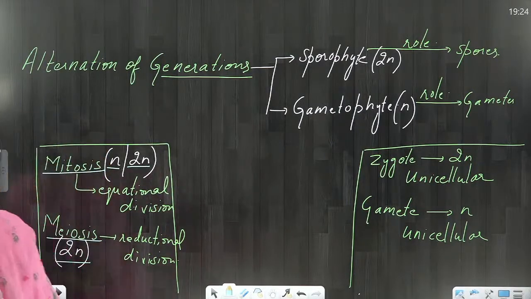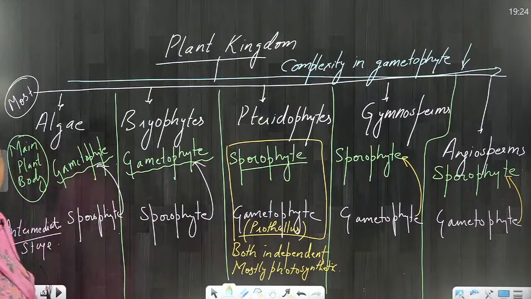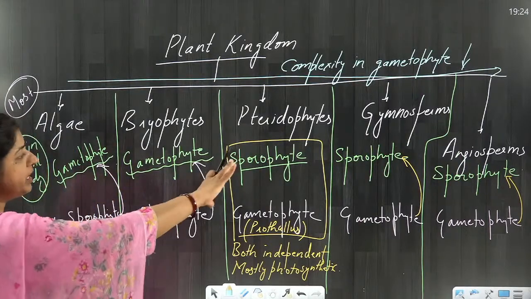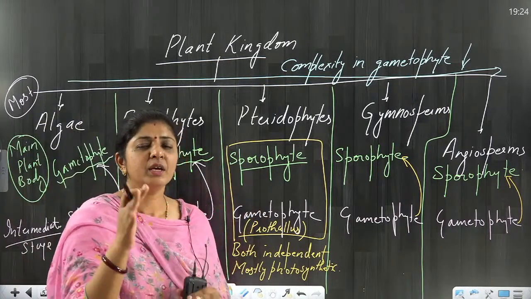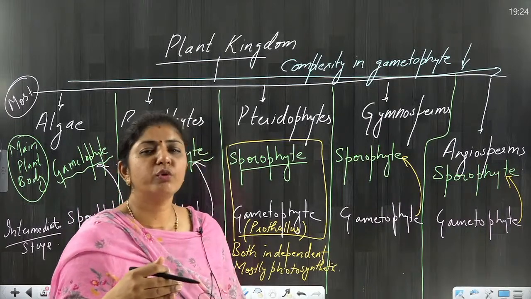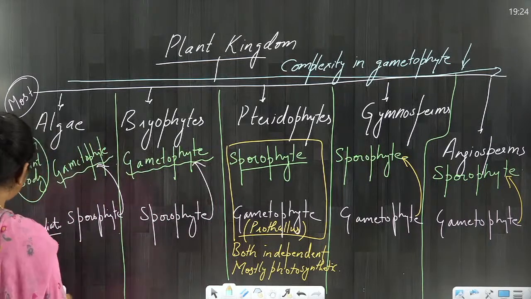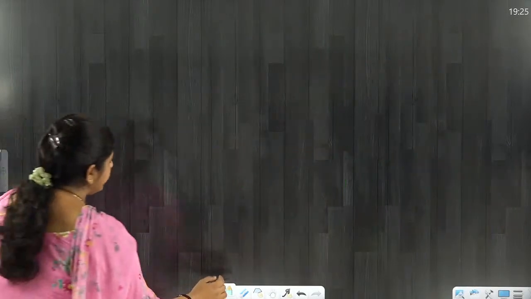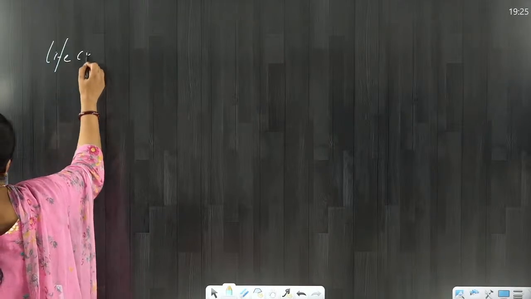And next thing, just now I discussed with you that who depends upon whom. What is the main plant body due to which you have categorized all this division under plant kingdom, being they are photosynthetic. Obviously those who can make their own food, that will be independent, right? So now coming to the topic, we started with that life cycles in the plant.